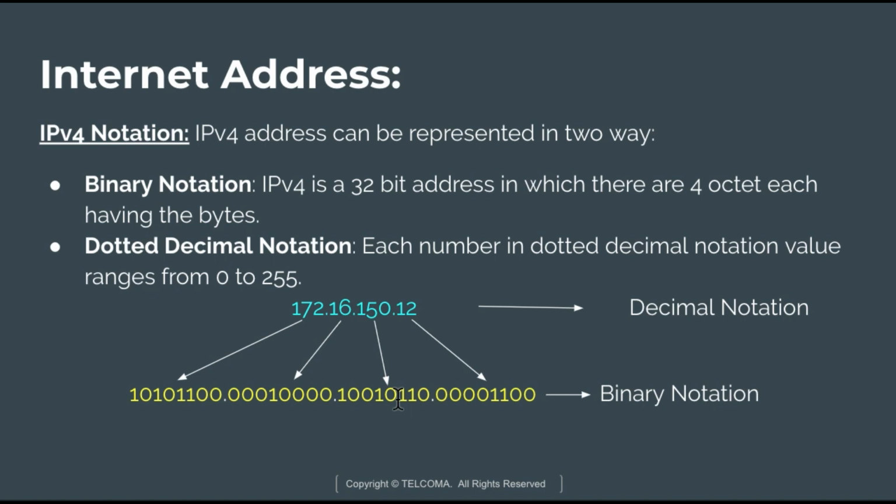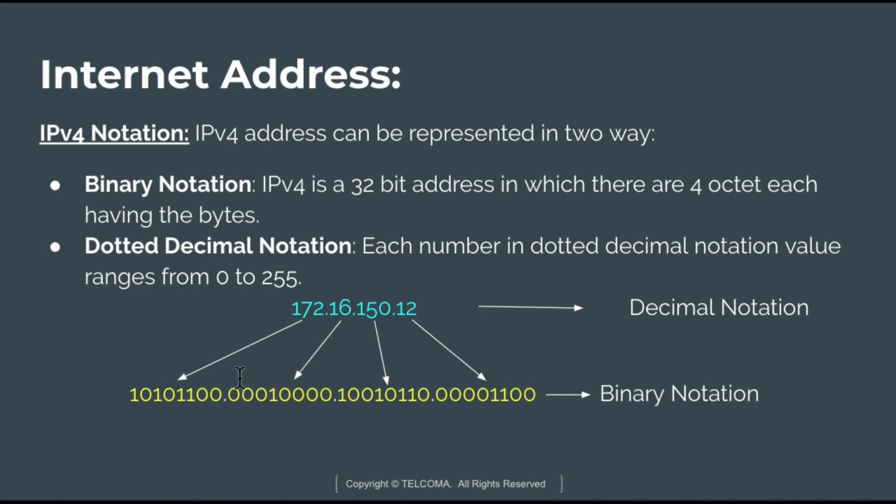Here, each number in dotted decimal notation ranges from 0 to 255. We write the IPv4 address in decimal notation to make it more compact and easy to remember or read. As you can see, it is very difficult to remember a number like 10101100.